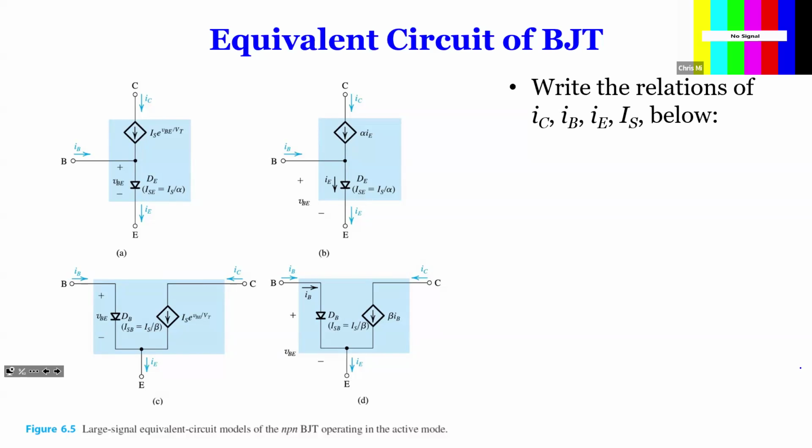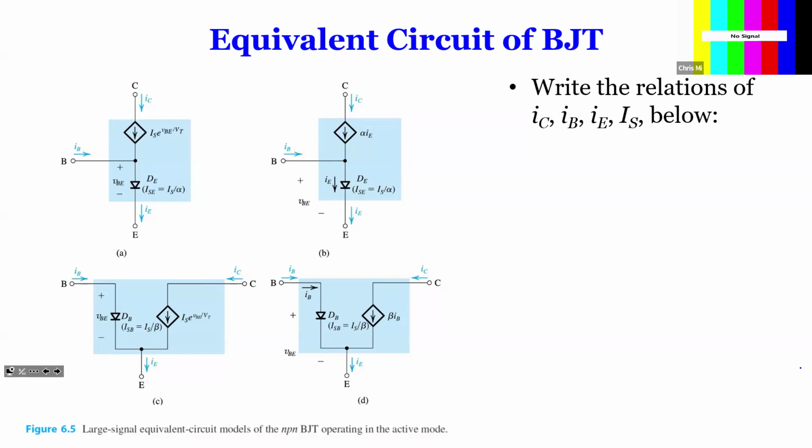Similarly, in this one, we simply change this to beta times IB, which is IC again, and then this is IE. So IB plus IC equals IE. This is IB coming in, and this is beta times IB. The difference between these two is that here we calculate beta times IB, which means if we know IB, we can calculate the current here.